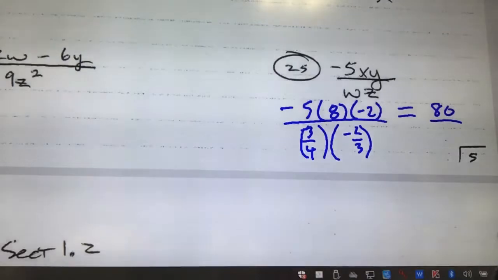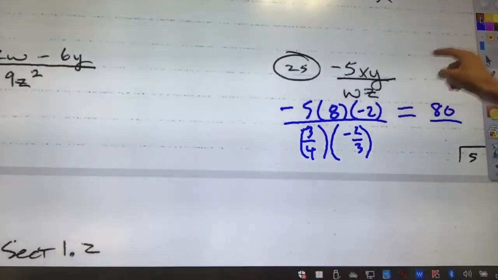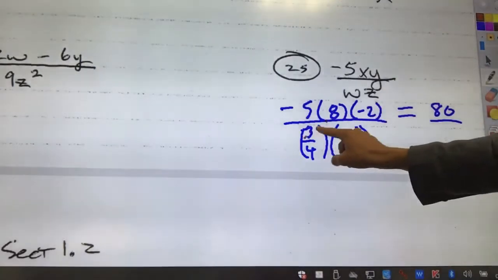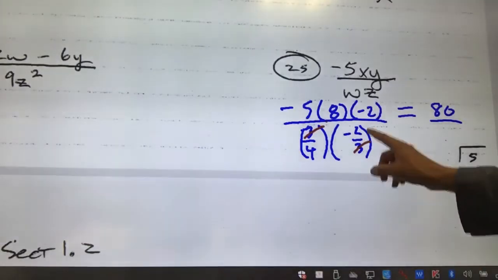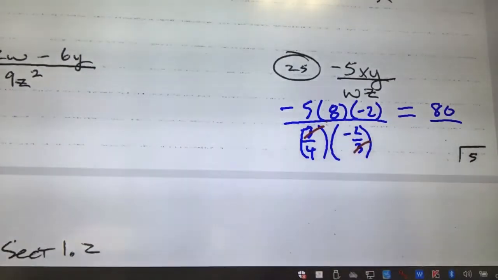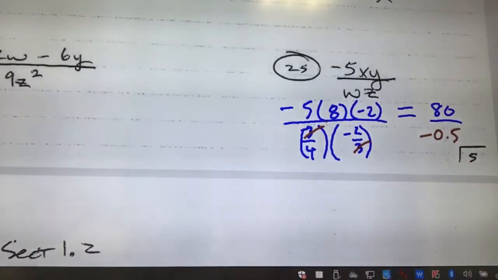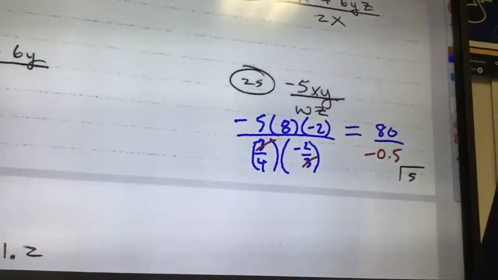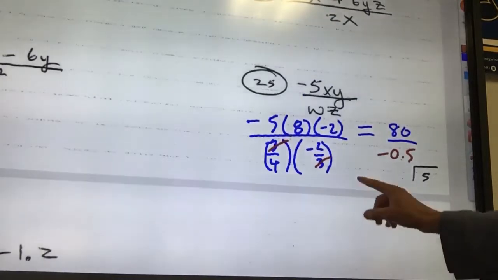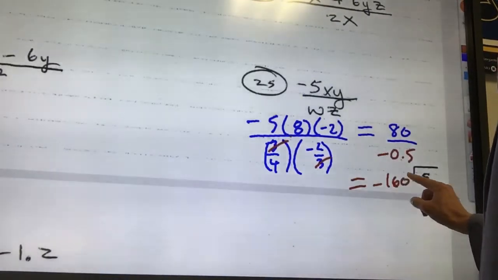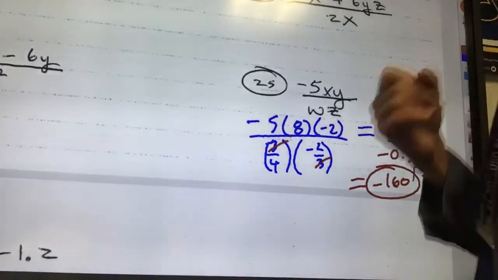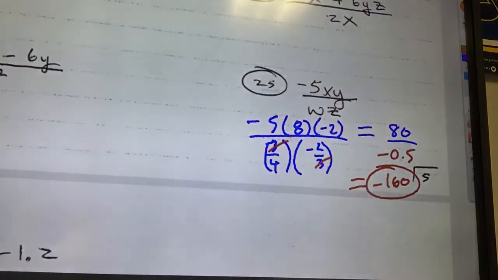Down below, you can multiply across, or notice the 3's will cancel. Negative 2 over 4 is a negative 1/2, a negative 0.5. And 80 divided by a negative half is a negative 160. So you got some more interesting ones, that's for sure.